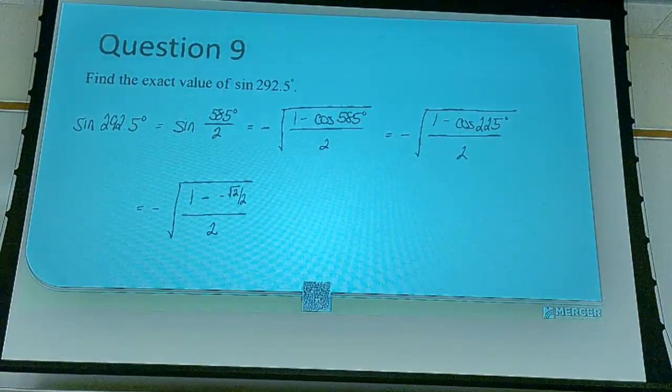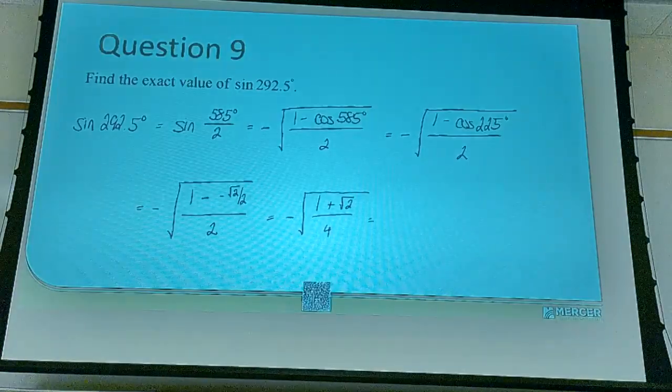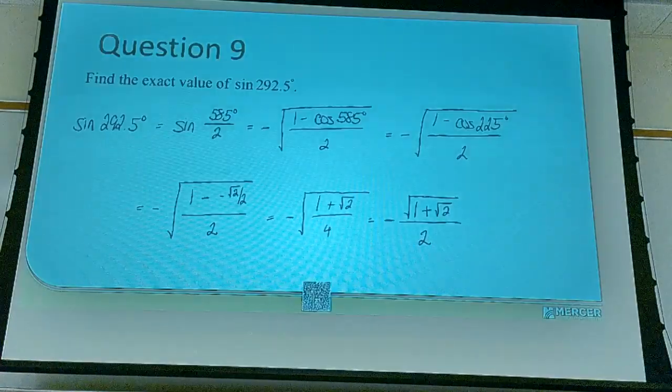Cosine of 225 degrees is negative root 2 over 2. So we get negative square root of 2 plus root 2, all over 2.